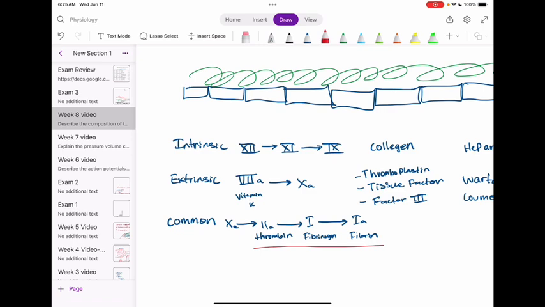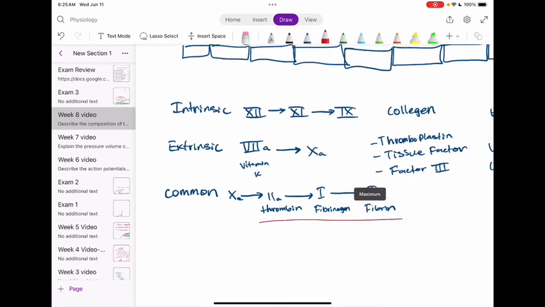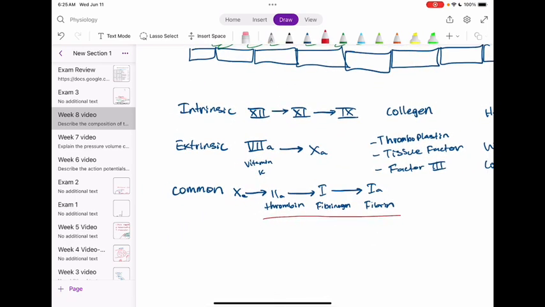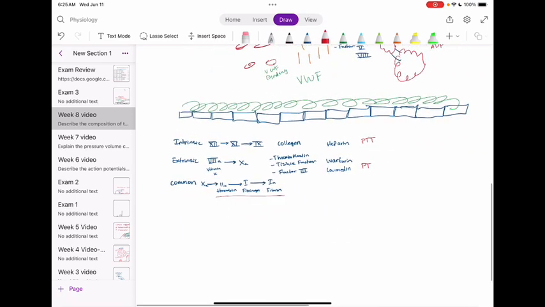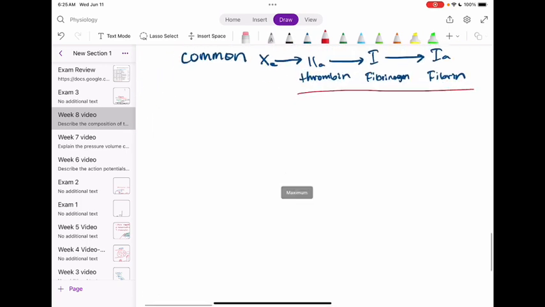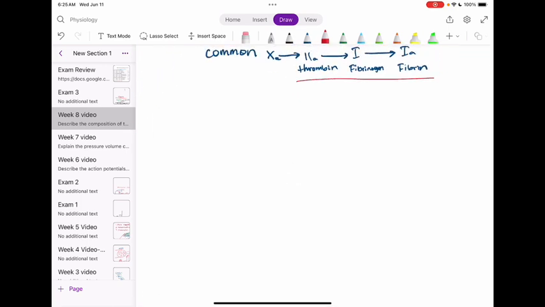What we're lastly going to talk about is how we destroy coagulation, because we don't want to just have all of our blood cells coagulate and stop us from living. So the way we do that is we destroy fibrin.